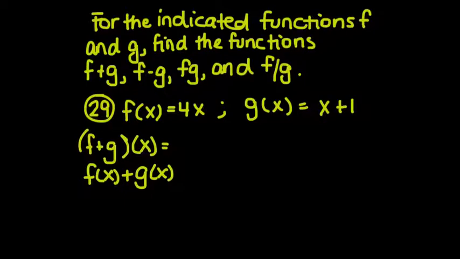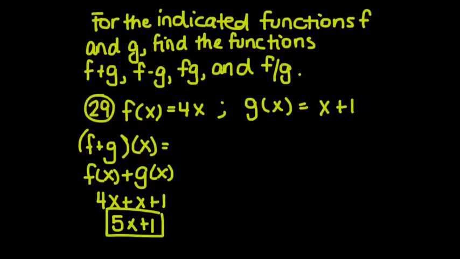F of x is equal to 4x, and g of x is equal to x plus 1. Adding these together, I have the 4x plus x plus 1, which simplifies to 5x plus 1. So the sum of the two functions is 5x plus 1.